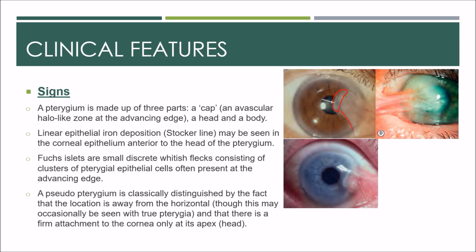A head, then there is a body on the conjunctiva. Linear epithelial iron deposits or Stocker line may be seen in corneal epithelium anterior to the head of pterygium. It is seen here.